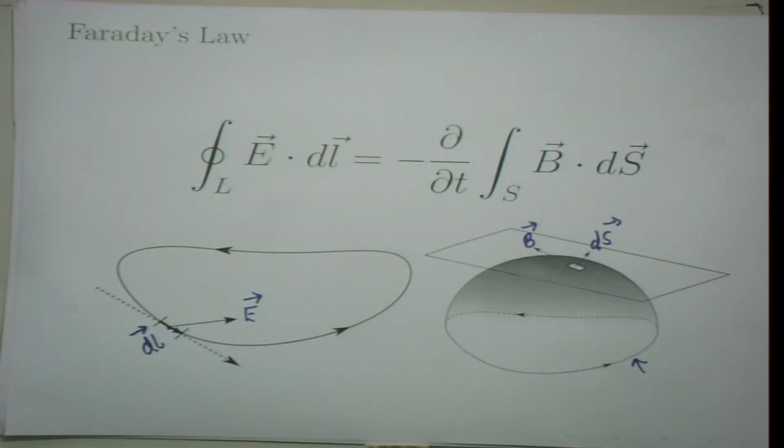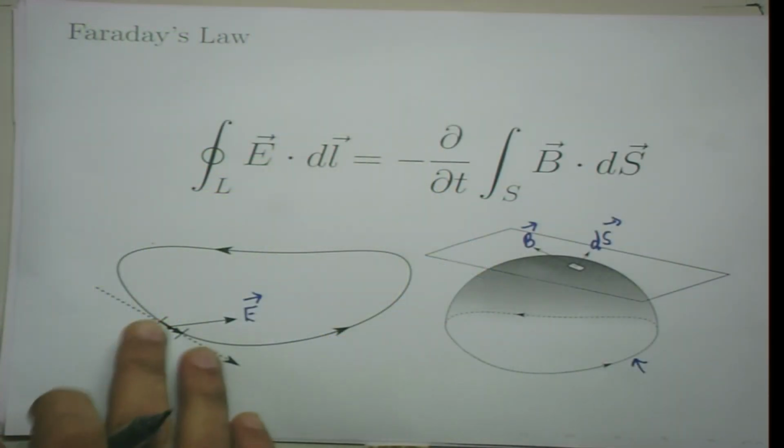So, we will start off with Faraday's law. What is Faraday's law? Faraday's law essentially is this. Now, we will apply Faraday's law to a very small, infinitesimally small closed curve.